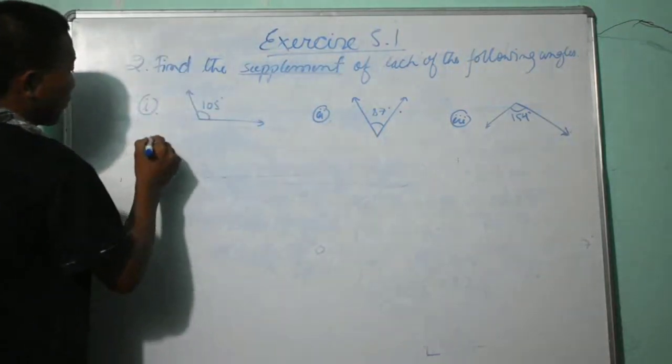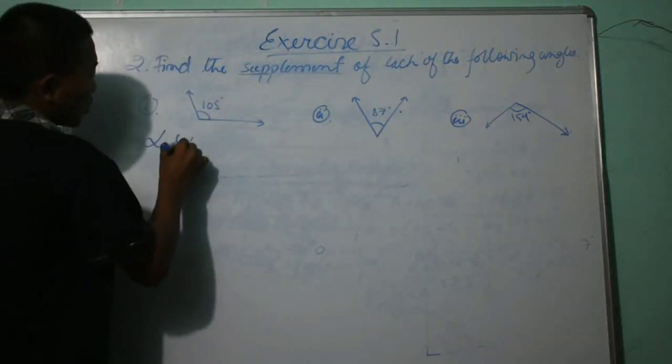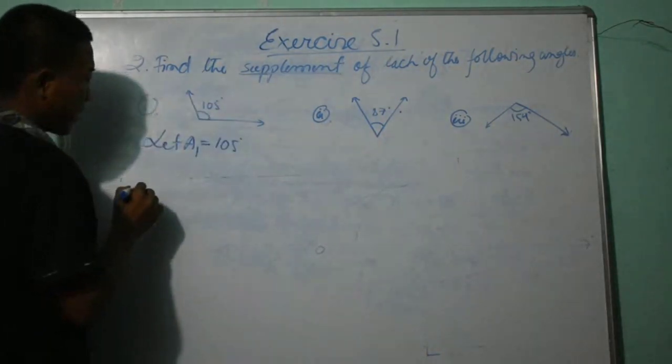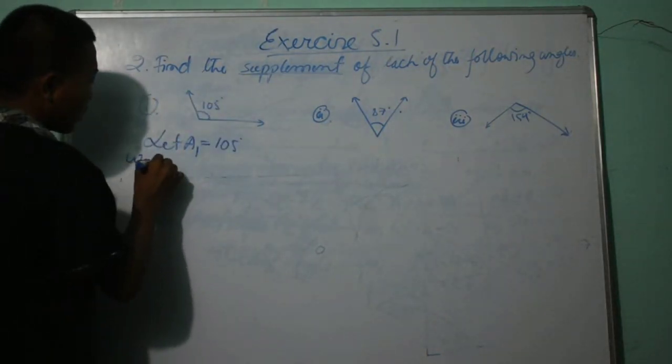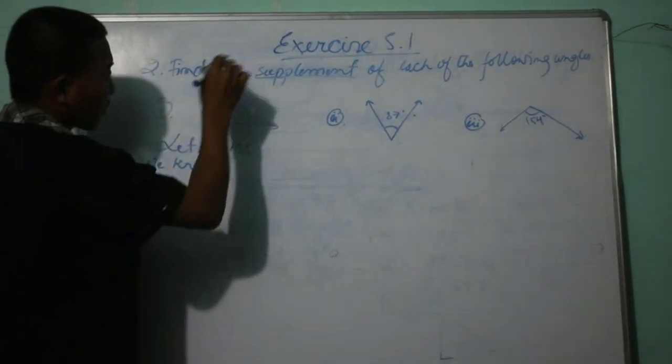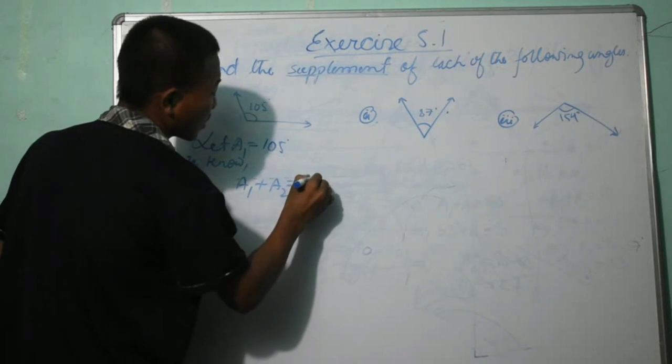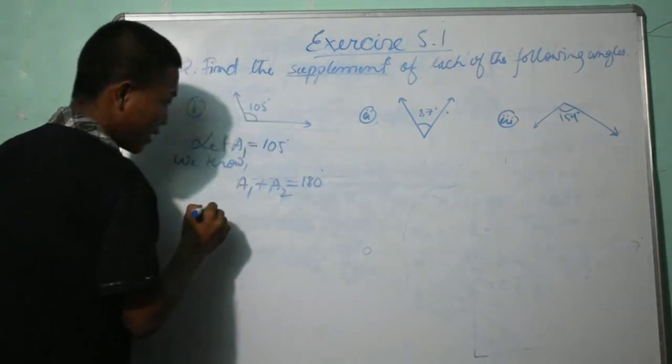Now let us try to find it. We will assume that the first angle is 105, the given angle, and we know for supplementary angles A1 plus A2 is always equal to 180 degrees.